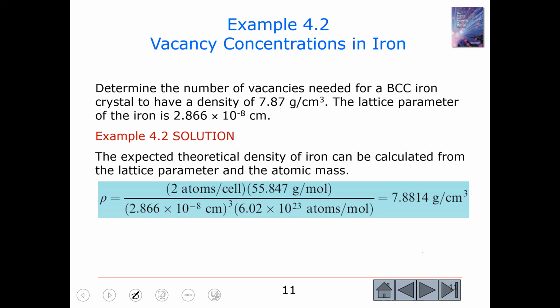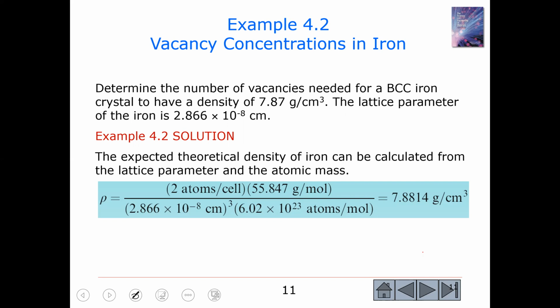So what we need to do in this problem is find out the density of a perfect material if the number of atoms are complete. What will be the density of iron if there are no vacancies?